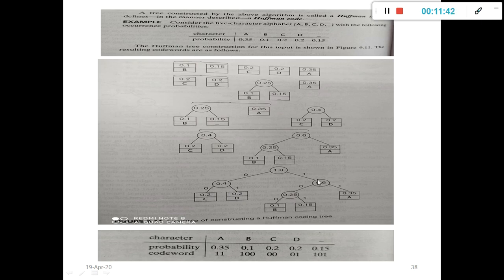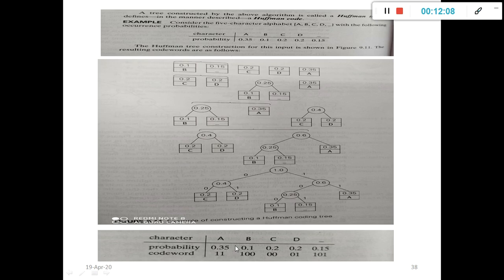Here also it is a right edge, assign the value 1. Again for a right edge, assign the value 1. Huffman suggests that once you have constructed the Huffman tree, assign value 0 to all the left-hand side edges and value 1 to all the right-hand side edges. Then this makes a Huffman coding tree.